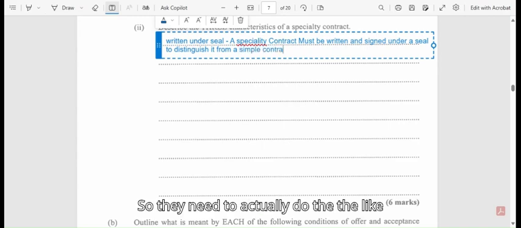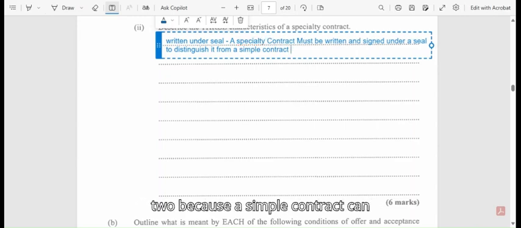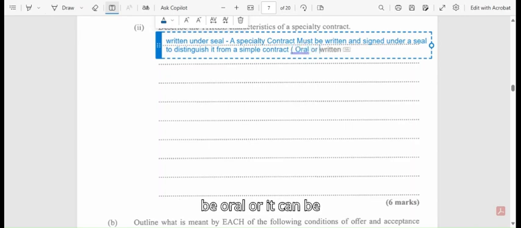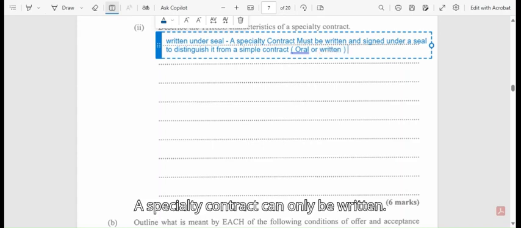We need to define the difference between the two, because a simple contract can be oral or written, but a specialty contract can only be written.